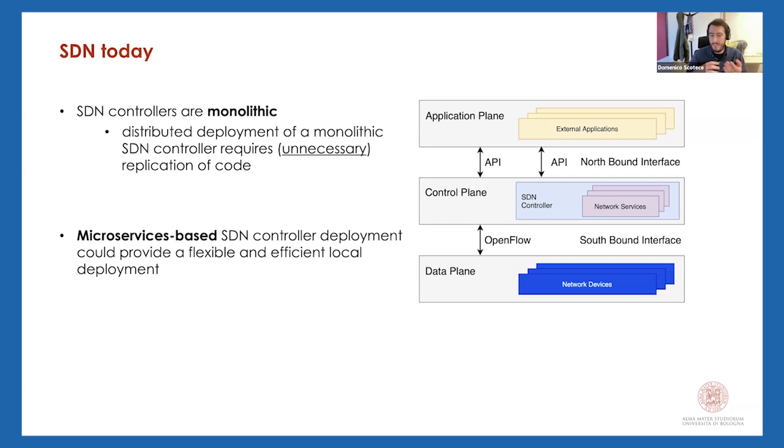But what is the problem today? The problem today is that the SDN as a software is monolithic software. Of course, you can distribute SDN in a virtual machine, in a container, in the cloud, but if you want to have distributed SDN controllers in a network, you have to replicate some functions of the SDN that could be unnecessary in a certain locality.